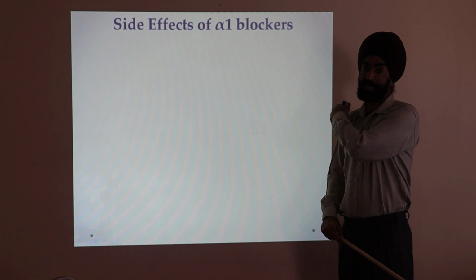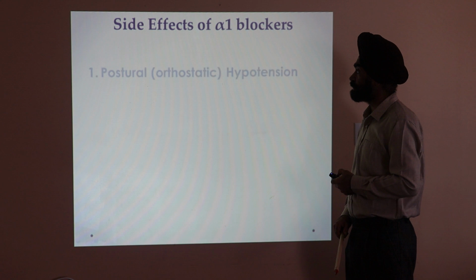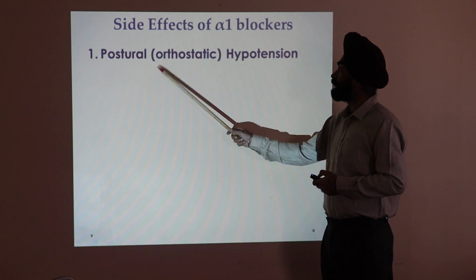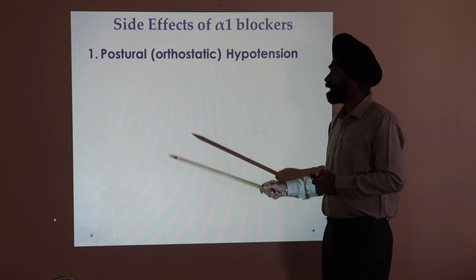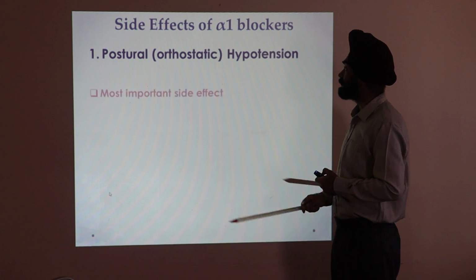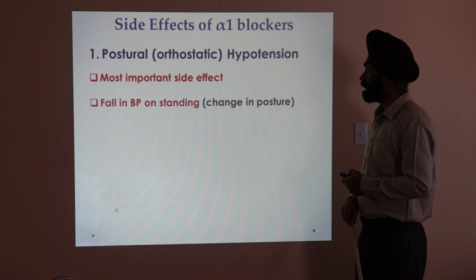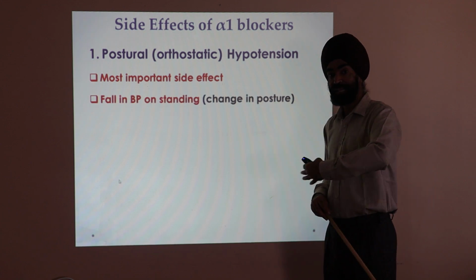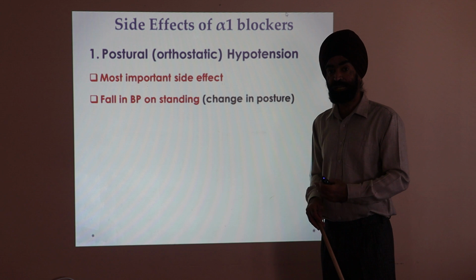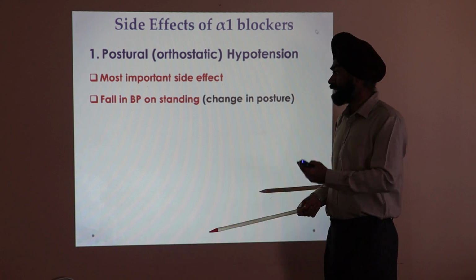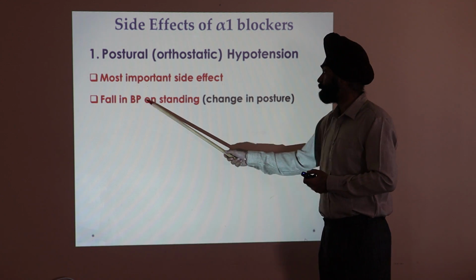Now, what are the side effects of alpha 1 receptor blockers? First is postural hypotension, which is also called orthostatic hypotension, and it is an important side effect. What is the meaning of this? When the person is lying on a bed and stands up, there is a fall in BP on standing.